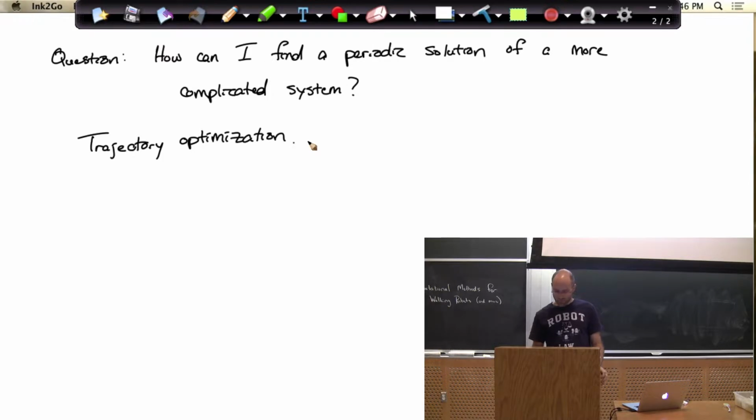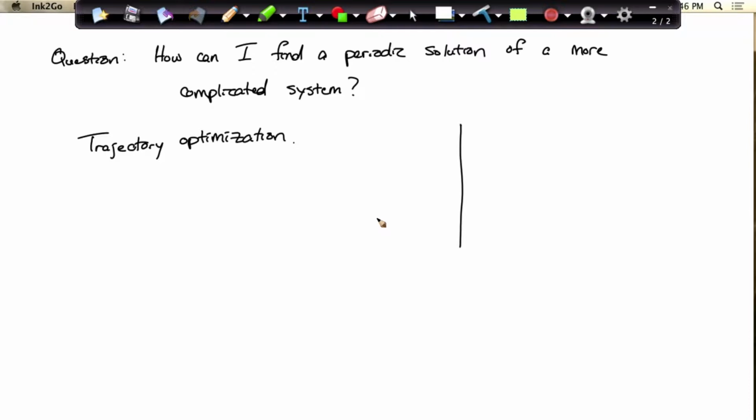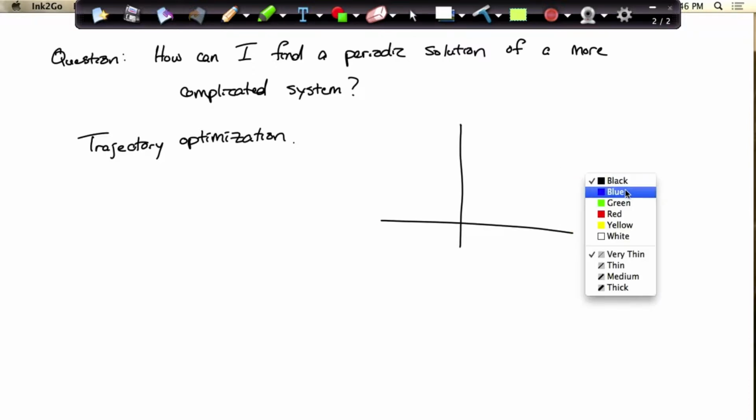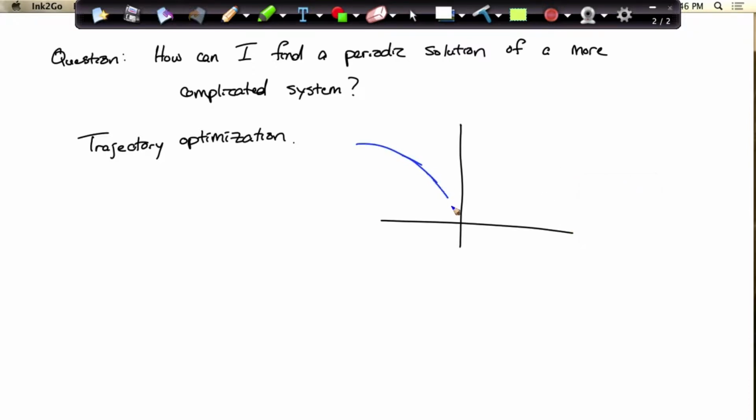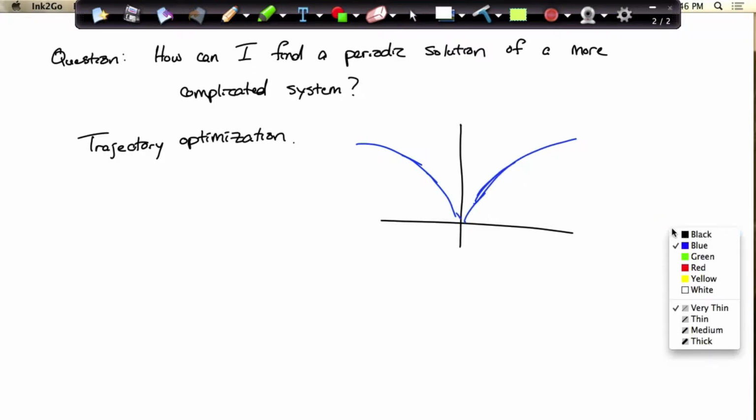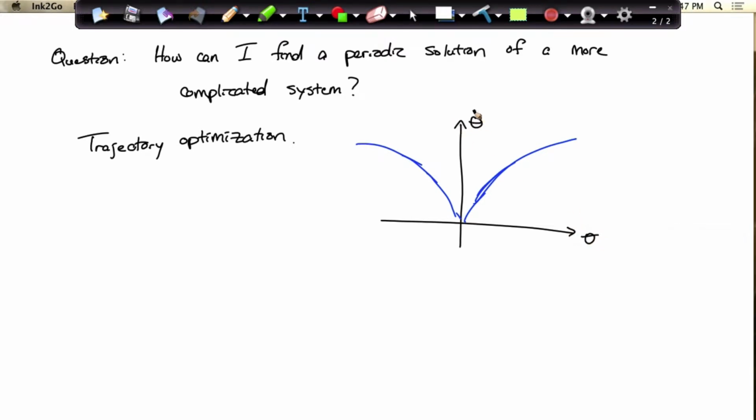Okay, so if you think about our rimless wheel example specifically, let me zoom in just a little bit on the phase portrait. There's a couple things at play.